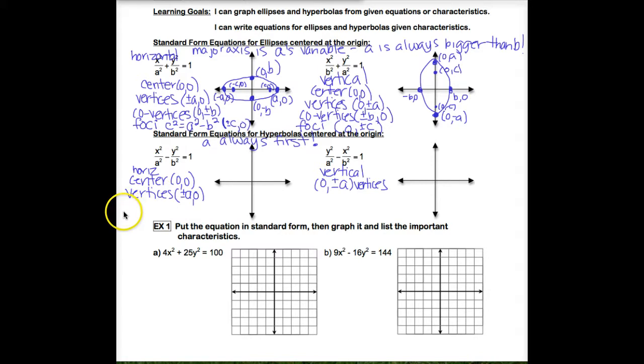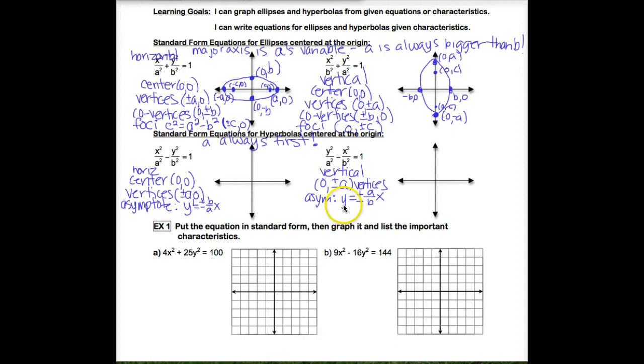Asymptotes are going to control how wide the branches of your hyperbola are. And when it's horizontal, the asymptotes are going to have an equation of y equals plus and minus b over a x. Over here, they're going to be y equals plus and minus a over b x.